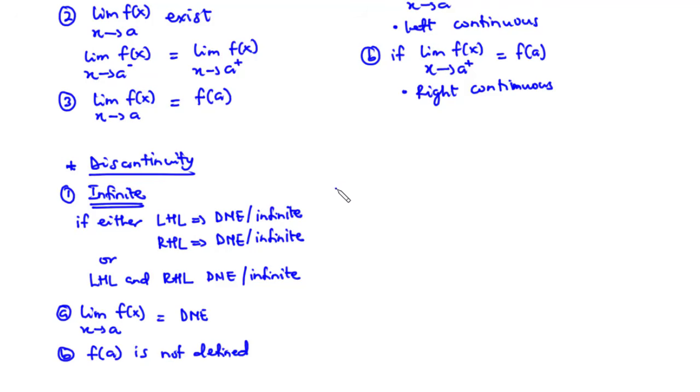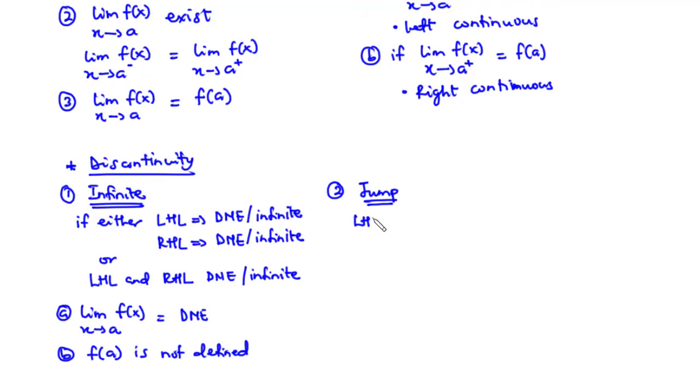Now let's move on to the second one, that is jump discontinuity. For jump discontinuity, both the left hand limit and the right hand limit exist and are finite, however they are not equal.